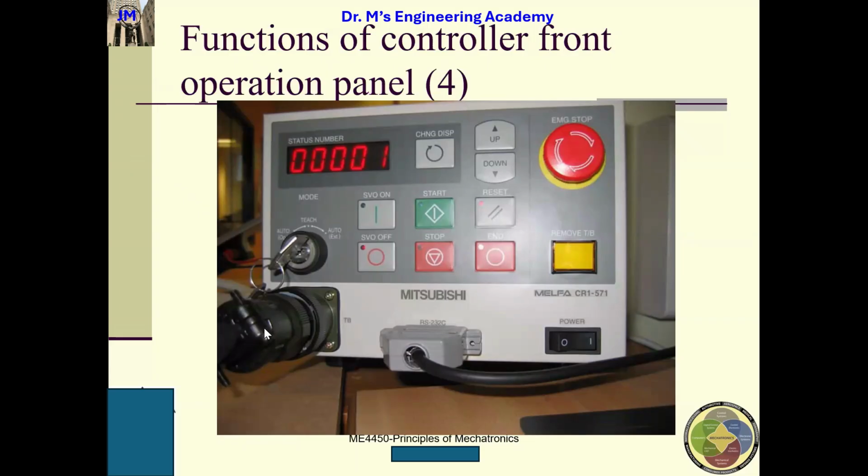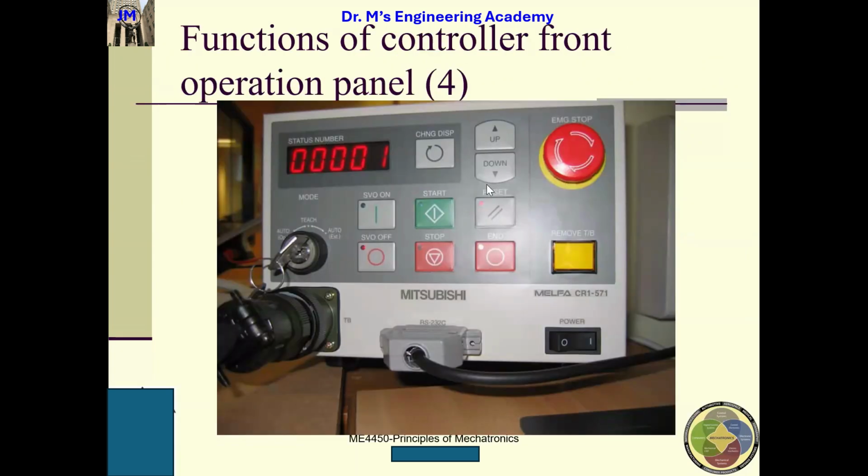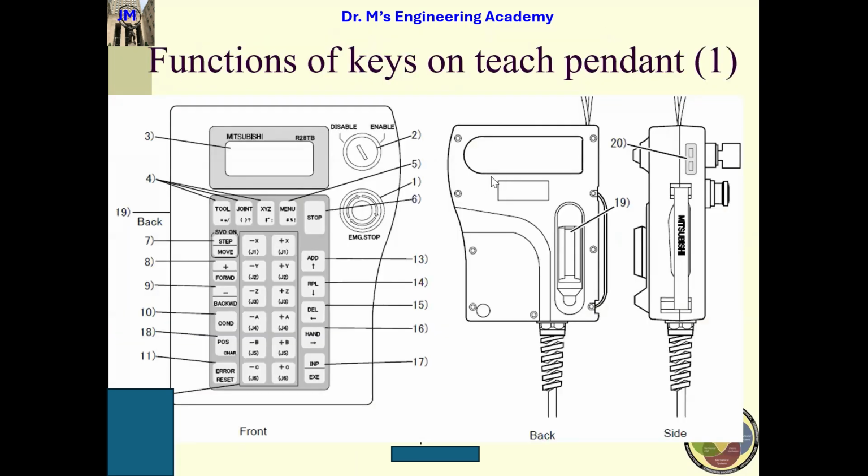And here, I'm sorry, is the teach pendant. This is remove TB. Here is the power. Here is RS-232, and this is the emergency button. And here is the teach pendant, and then we talk about the teach pendant. The teach pendant is very useful, especially for beginners.